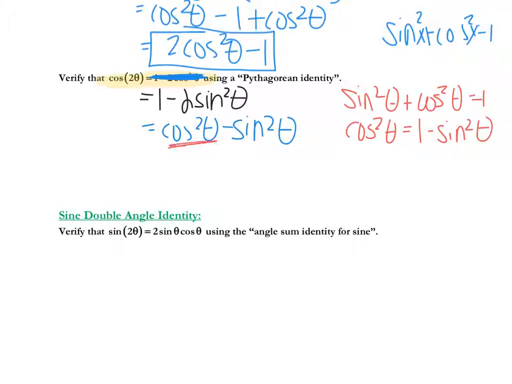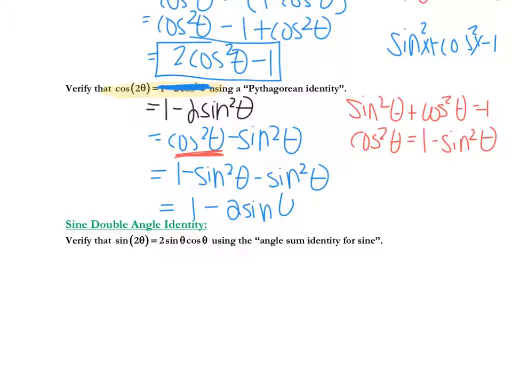So we're going to replace the cosine squared with what we just did to the right. So we get 1 minus sine squared theta minus sine squared theta. Combine like terms, you get 1 minus 2 sine squared theta. So that is the third and final variation of the cosine double angle. So you have 3 cosine double angles to remember.